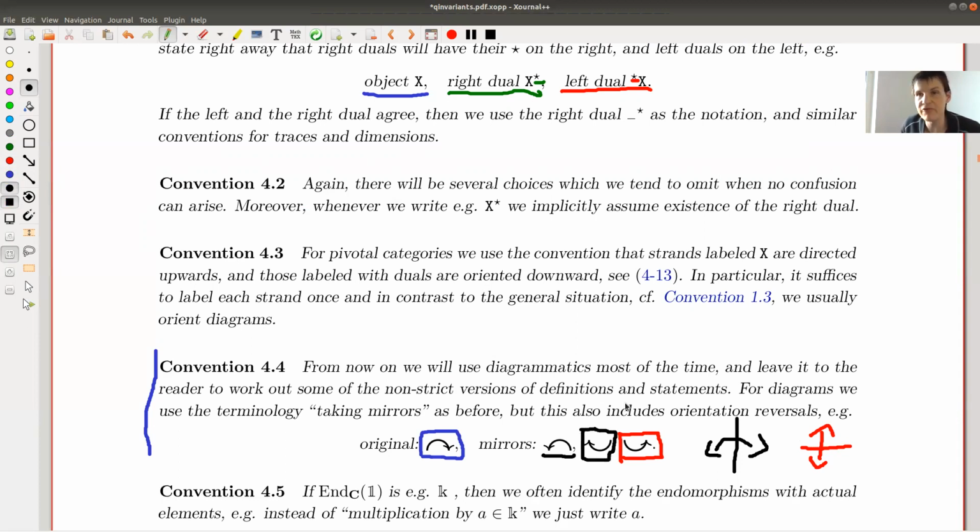So basically mirroring in this setup means just mirror your diagram as you want and allow any possible orientation. And we will see actually what these orientations mean in terms of dualities. So here are dualities and here are orientations, and they go hand in hand. They're basically the same thing. We will see that.